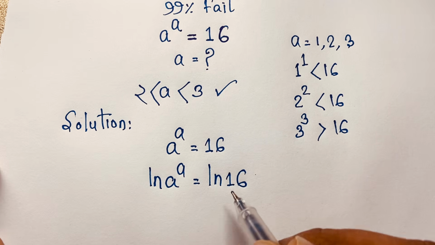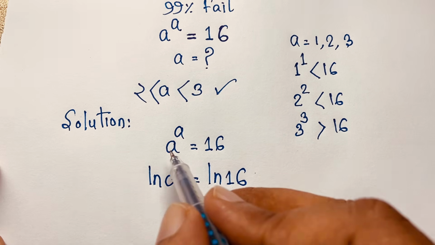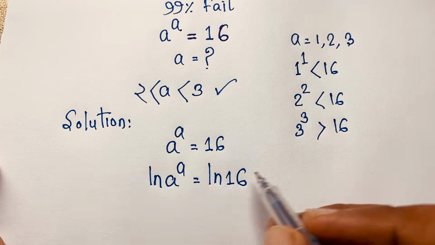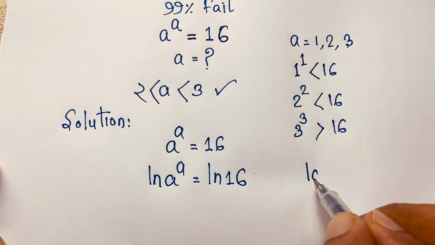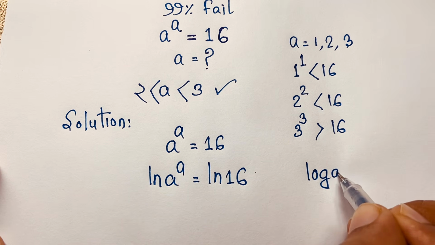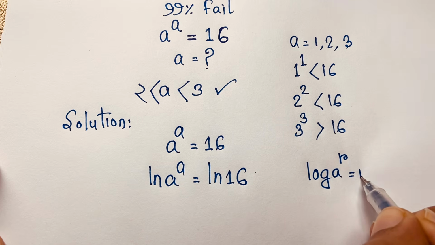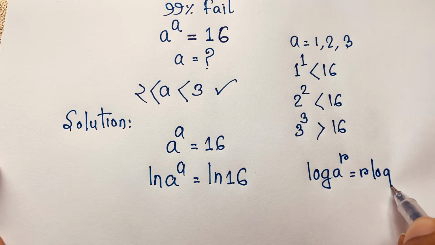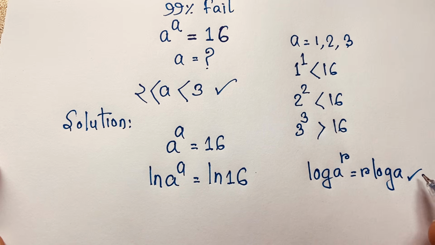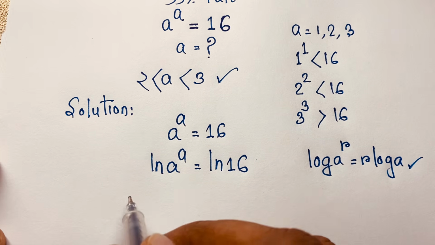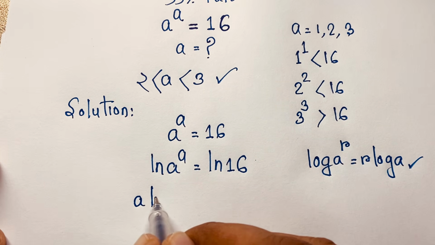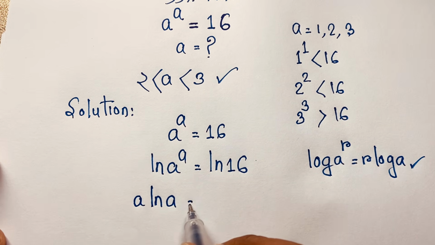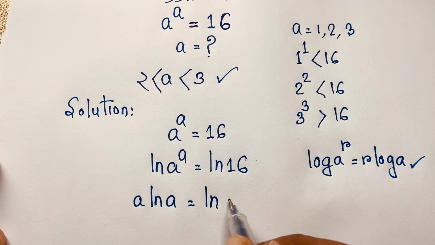Now I move this a to this side, because natural log a to the power r is r log a. If I apply this formula, the expression becomes a ln a is equal to ln 16.